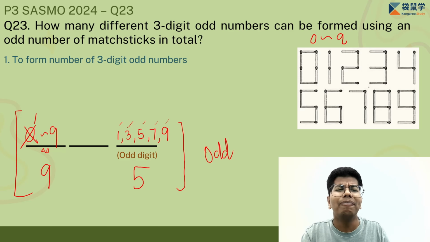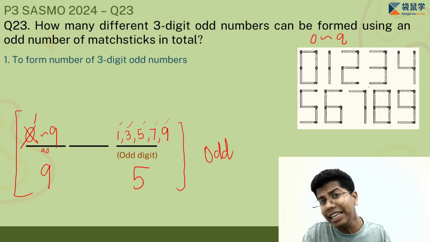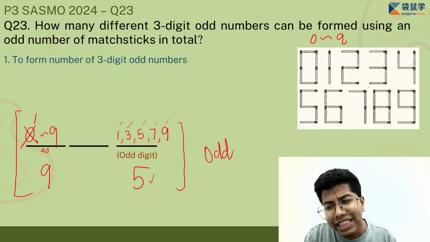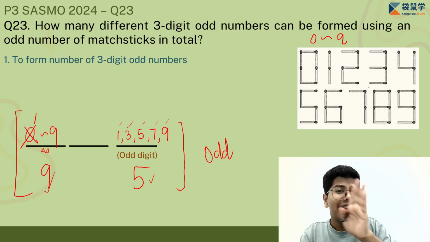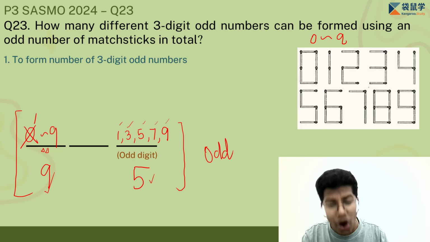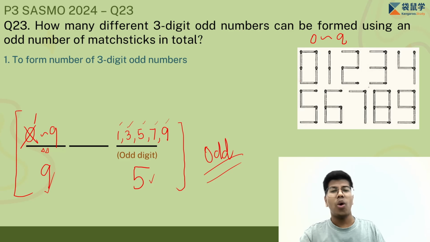The number of matchsticks that I used are not all odd. Some of them are even also. So some are even, some are odd in these 5 digits. Also in the digits from 1 to 9, there are matchsticks where some are even, some are odd. So, how can I ensure that the total number is odd?